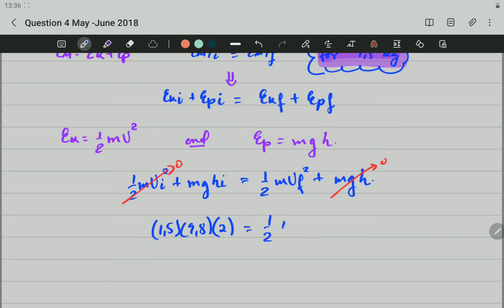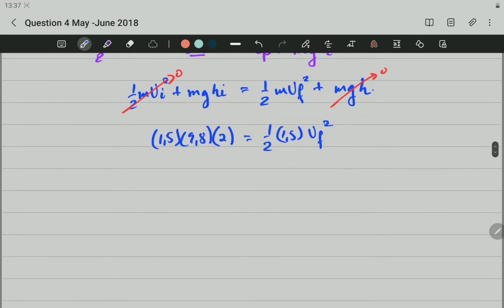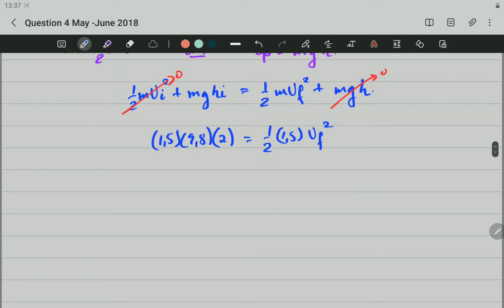Half mass is 1.5, and the final speed of the trolley, which is at point P, is what we are looking for. If you do this substitution and the calculation, the speed of the trolley at point P is going to be equal to 6.26 meters per second.